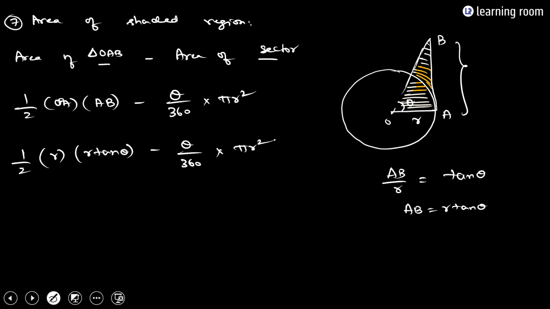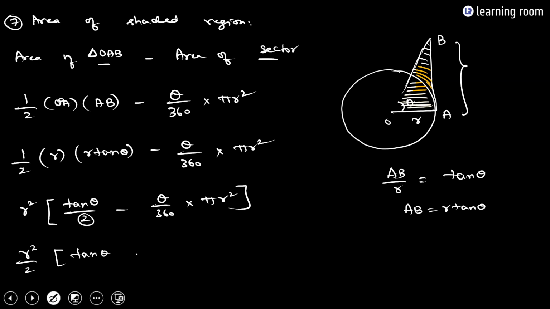If I take r square out, I'll get tan theta by 2 minus theta by 360 into pi. If I take this 2 also outside, I'll get r square by 2 into tan theta minus theta divided by 180 into pi. So this is what they asked us.